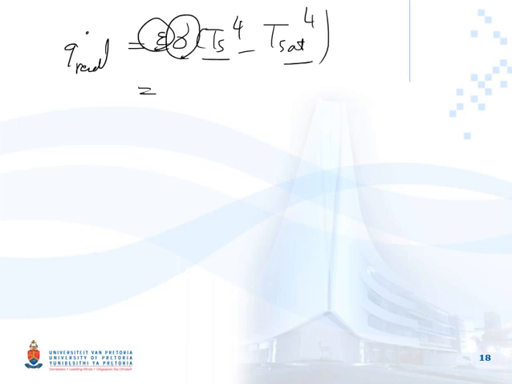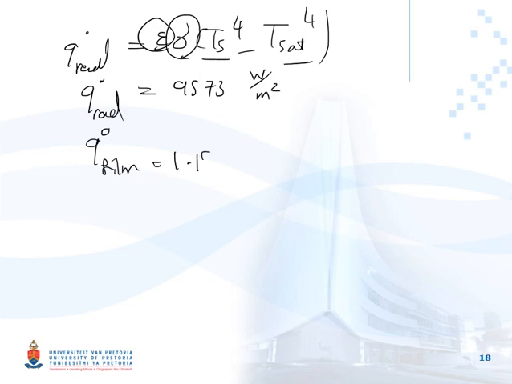We have two temperatures to the power of 4, so we have 9573 watt per square meter. This is Q dot radiation, and Q dot film was 1.152 times 10 to the power of 5 watt per square meter.